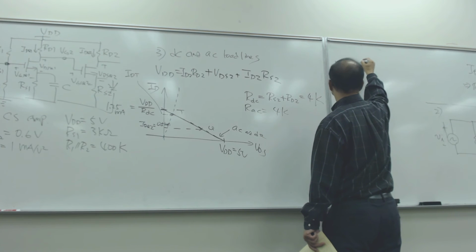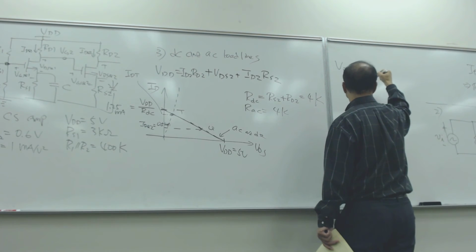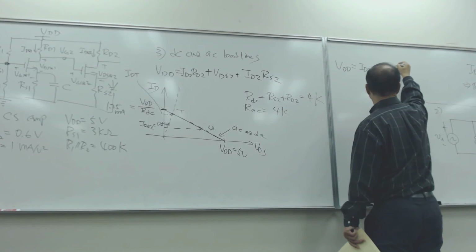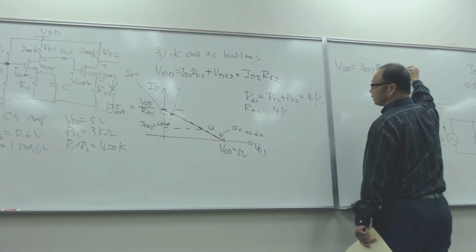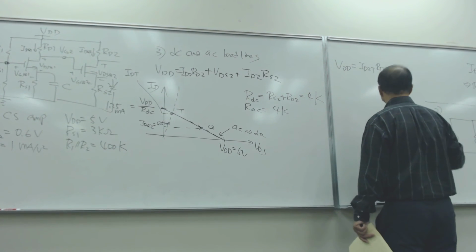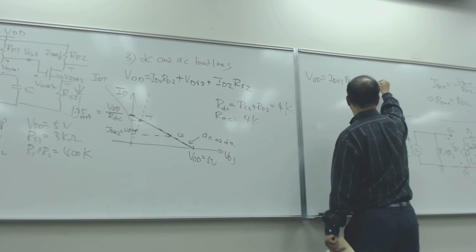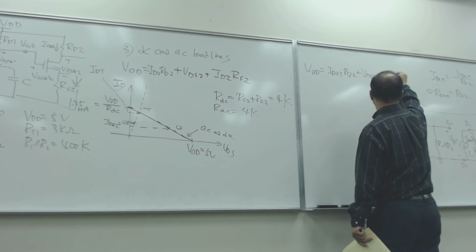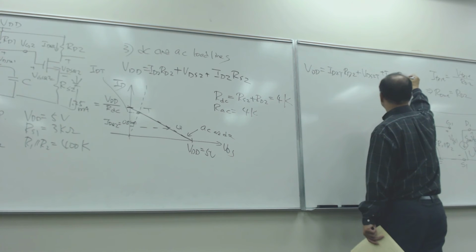VDD equal to ID2T RD2 plus VDS2T plus ID2T RS2.